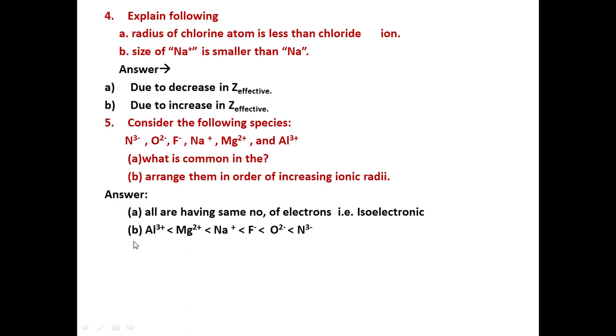As it contains the maximum number of protons, its effective nuclear charge is maximum, and due to that its atomic size is minimum. Its ionic size is minimum because we know that effective nuclear charge is inversely proportional to atomic size or ionic size. So the largest size is of the nitrogen 3 minus ion.